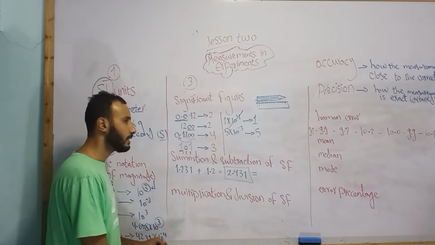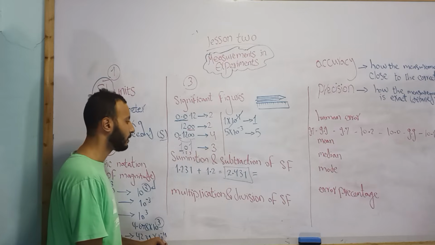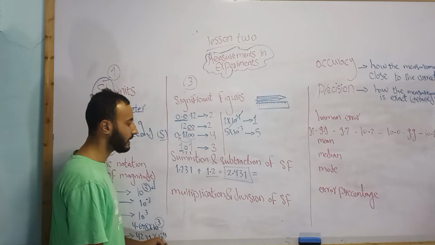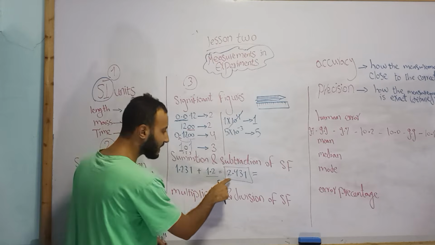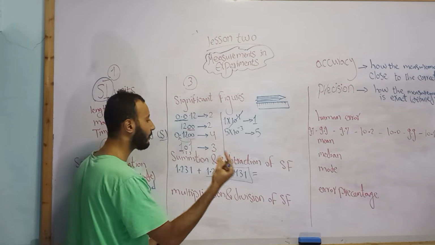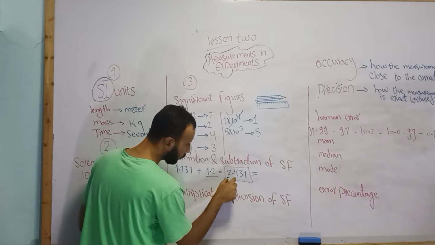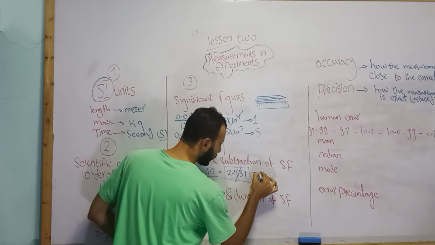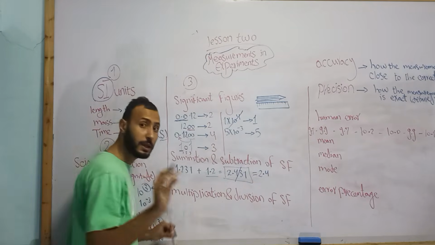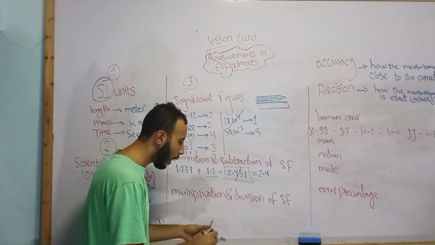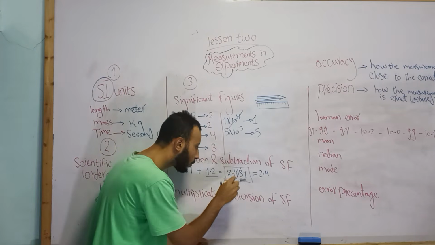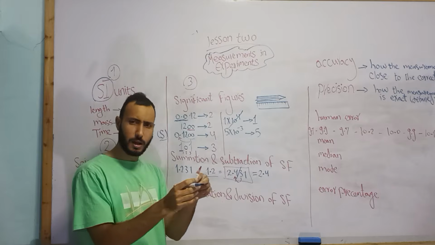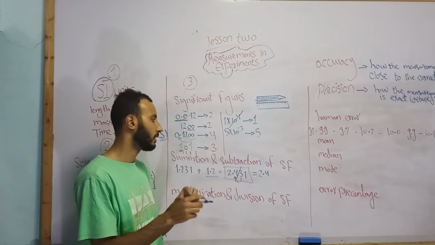Which one has the fewest decimals? This one. It has only one decimal. So because of that, the final result should have only one decimal. To take only one decimal, you have to cut the number and take 2.4. But keep in mind, before you cut the number, you have to look at whether this 3 can round it or not.